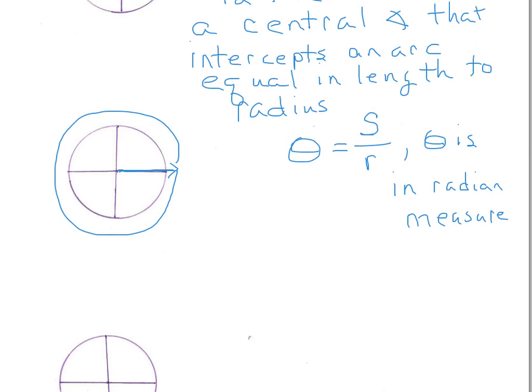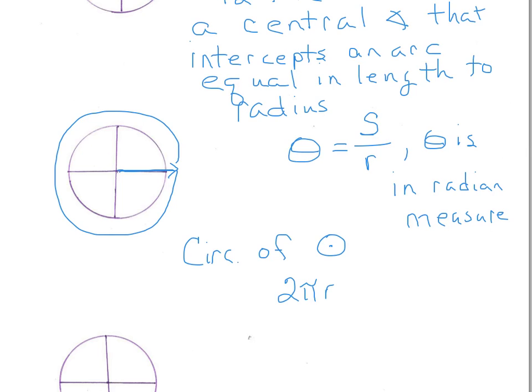It's equal to the circumference of the circle. Would you buy that? That intercepted arc is equal to the circumference of a circle? And what is the formula for circumference of a circle? How about 2 pi r? Yeah, will you buy that?